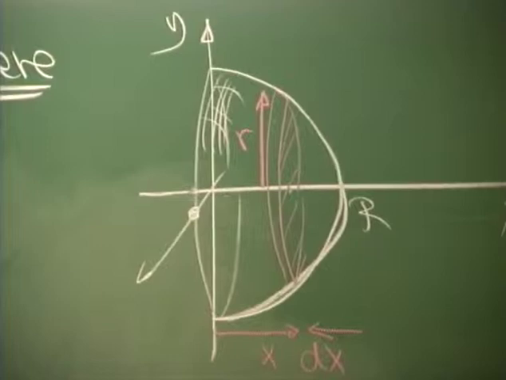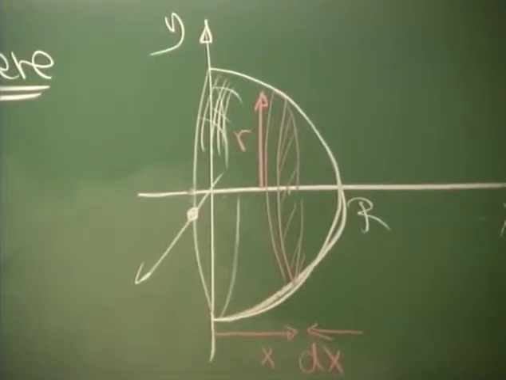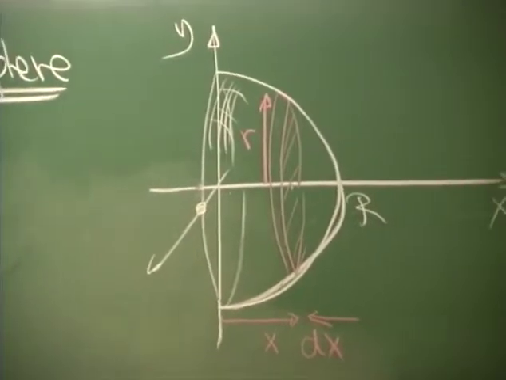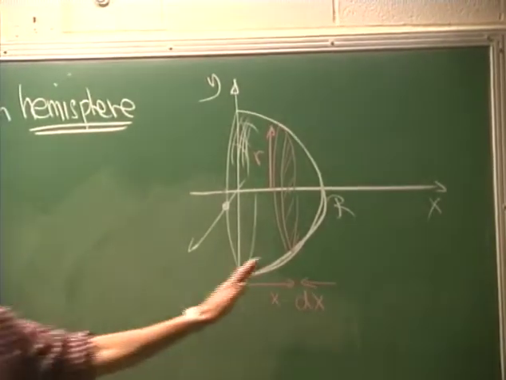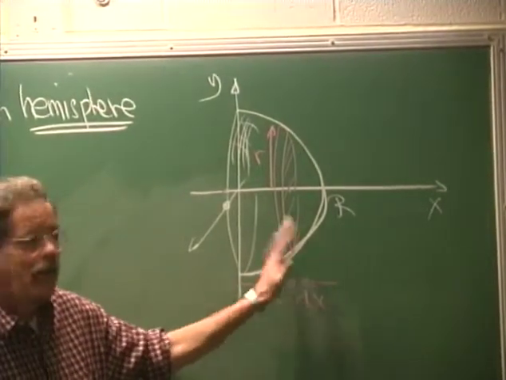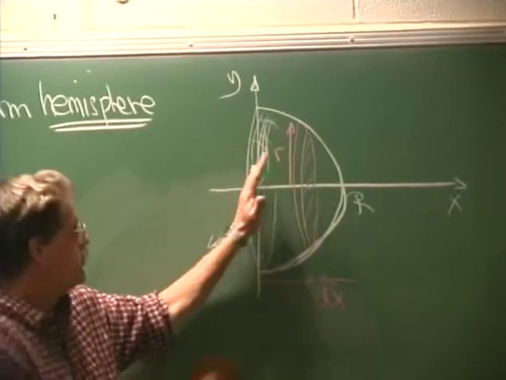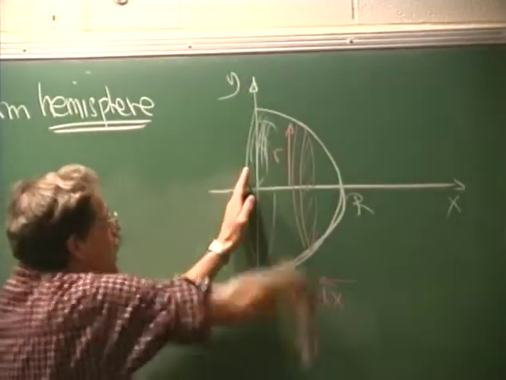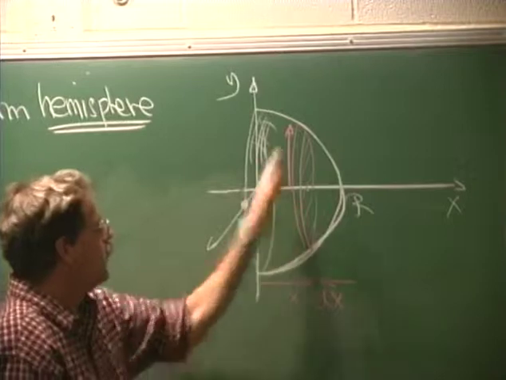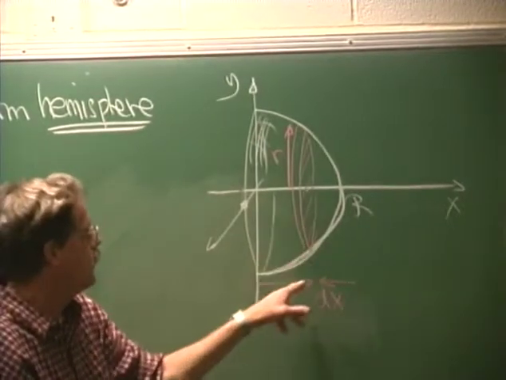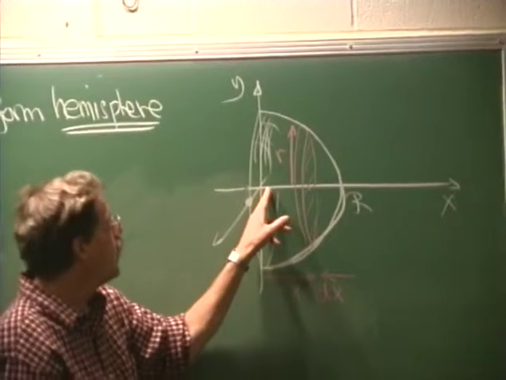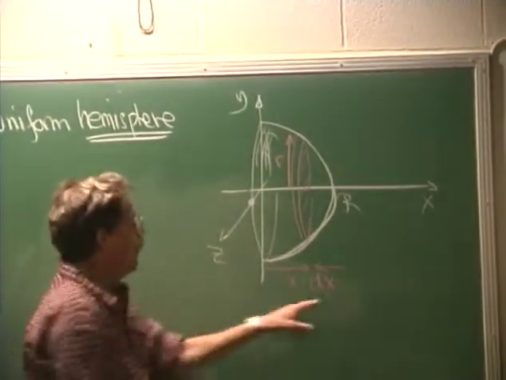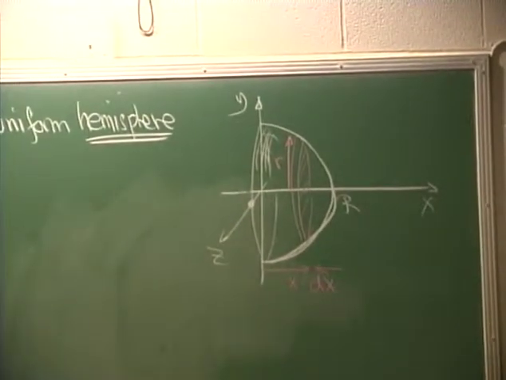Now I ask you, what is the mass of that slice of bread? My drawing is not that hot. I've practiced this, but I can't get it to come out looking like what it's supposed to look like. But can you visualize this? There's a hemisphere over there pointing to the right. I cut a slice out of it, a pancake here, which is out at distance x from the YZ plane, and it has a thickness dx.